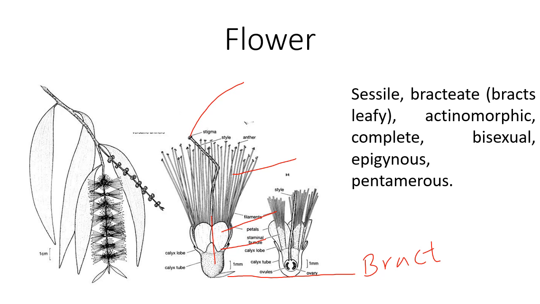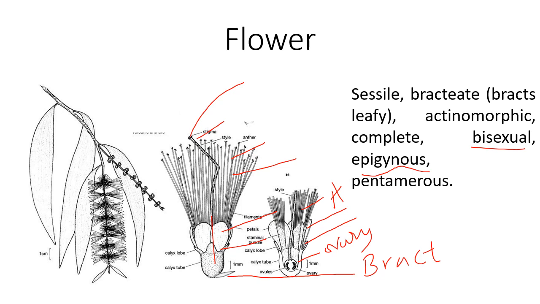Then it is bisexual. Why is this bisexual? Because of the presence of androecium as well as gynoecium. It is epigynous. Why is this flower called epigynous? Because the ovary in this case is inferior in position. This is the ovary, here is the calyx, here is the corolla, and this is the androecium.